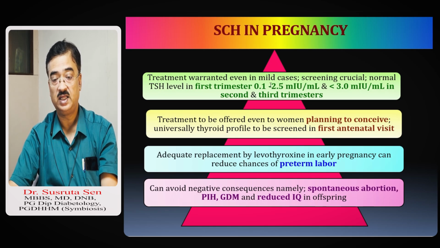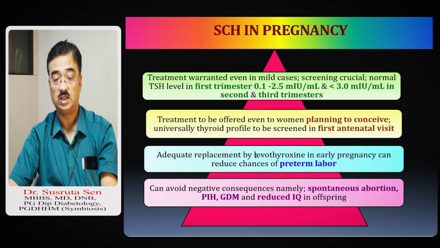So therefore, TSH level should be checked in the first trimester and treatment offered, even if planning to conceive. Whether the patient is pregnant or not, even if planning to conceive, you should treat.